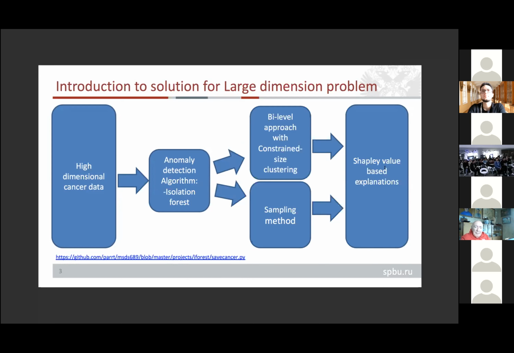The reason we propose such two solutions is that the input dataset consists of too many features, the dimension is too high, and it will lead to a problem of incalculable Shapley value. And here you could see the dataset link. If you're interested, you could access it. This is from the Skyline database.